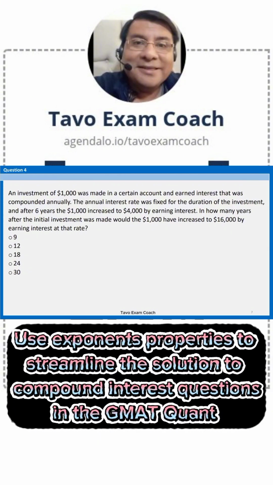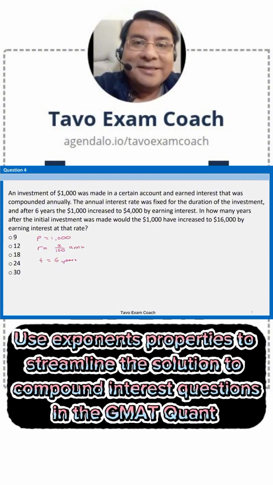Well, at the beginning, we are given a situation of compound interest calculation. We have a principal of $1,000. We have an interest rate which is unknown, but is an annual interest rate. Let's call it x%. And the duration of the investment was 6 years.